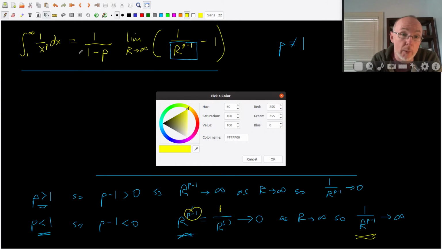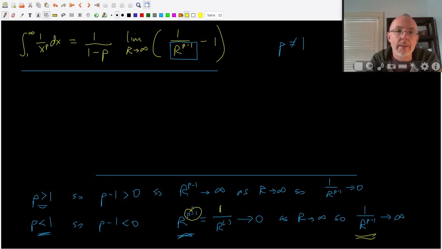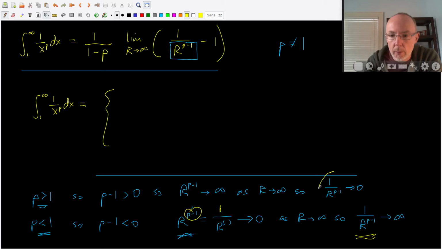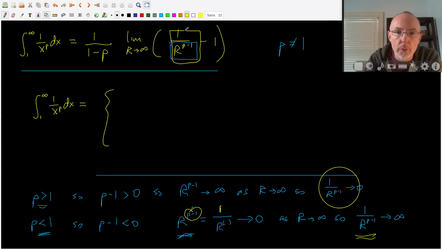All right, summary. Let's make a summary of this. In the case where this quantity goes to 0, what I'm doing is getting 1 over 1 minus p multiplied by minus 1, because that's gone to 0. So what we're left with is 1 over p minus 1.